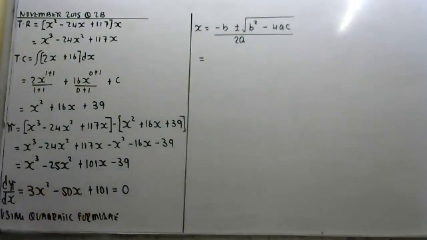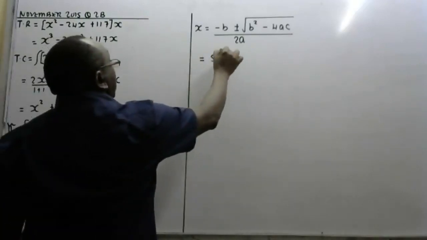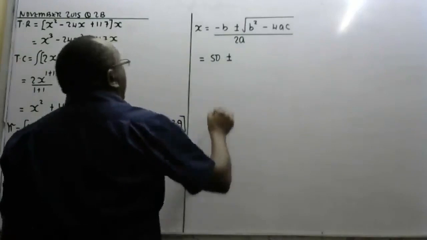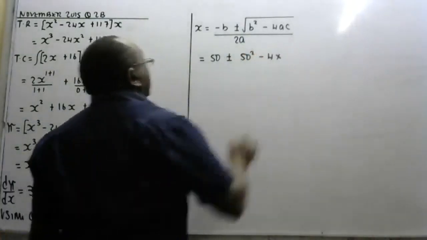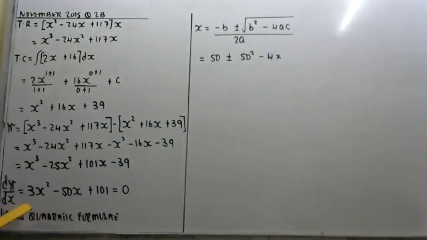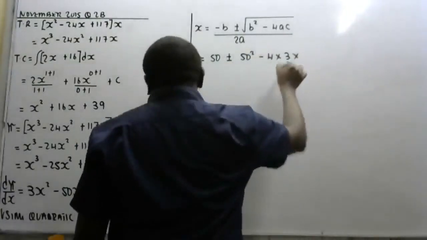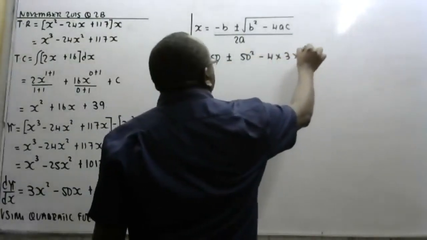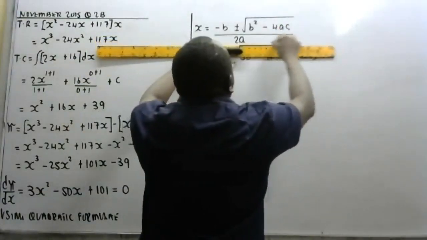From this equation, the value of b is minus 50. When you make it minus, you are left with 50, plus or minus the square root of 50 squared minus 4 times a, where a is 3, and c is 101.